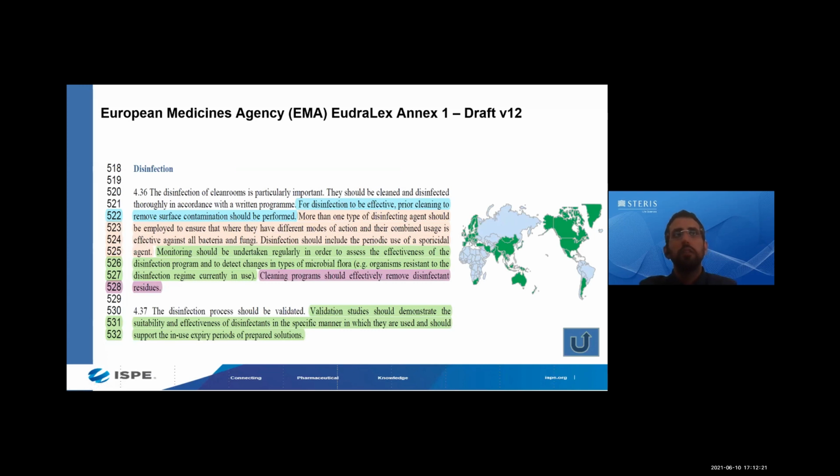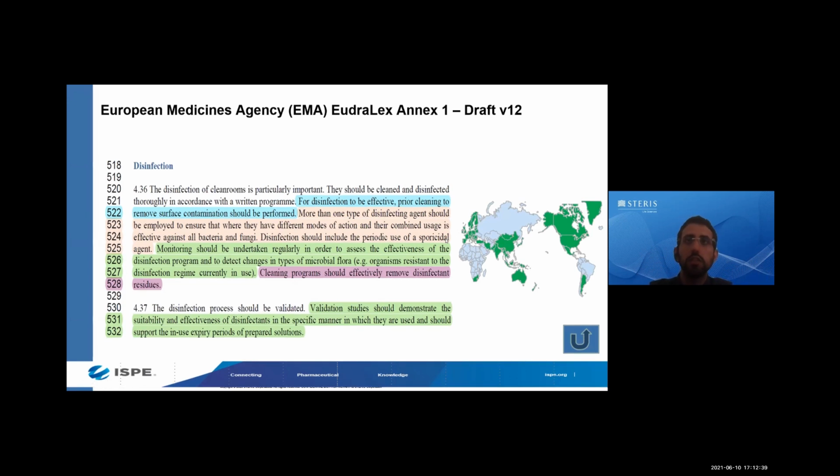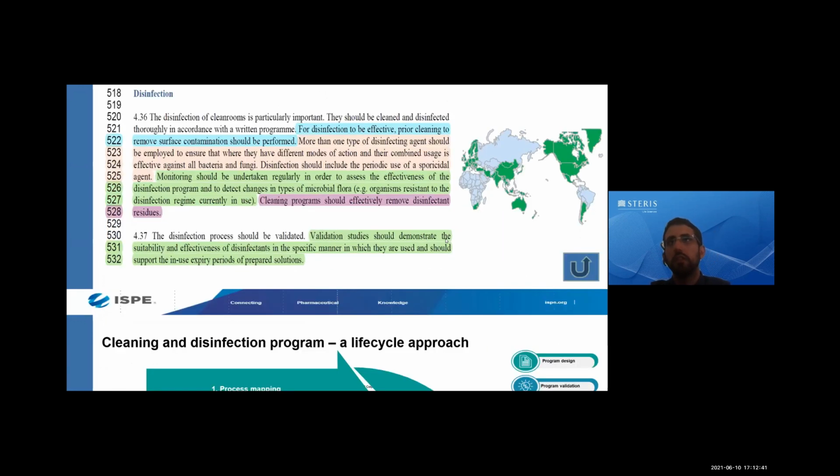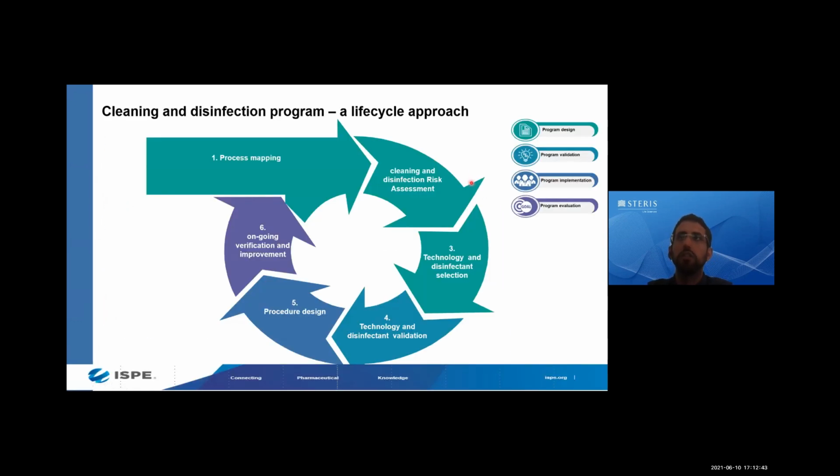We will be looking through the draft Annex 1, version 12, on the different information given in the chapter on disinfection. First, around the design: how to map your process and how to map your clean rooms to be able to identify the adequate selection of your disinfectant based on a cleaning and disinfection risk assessment.